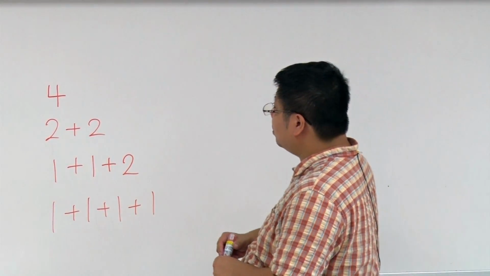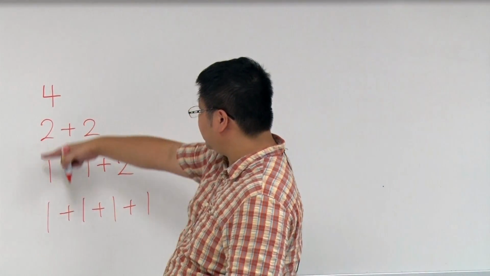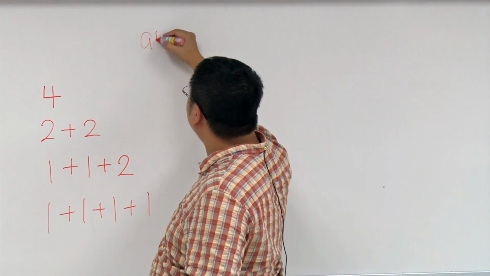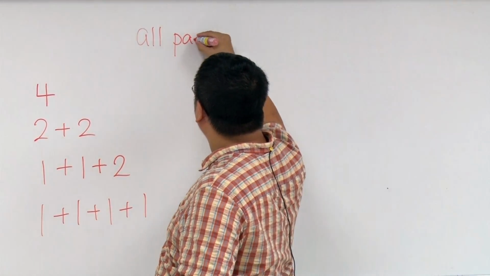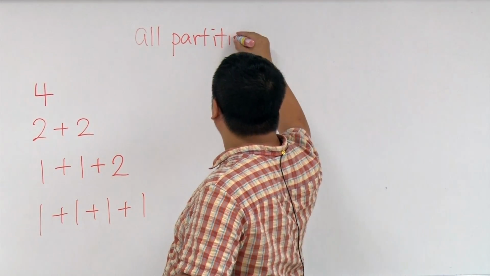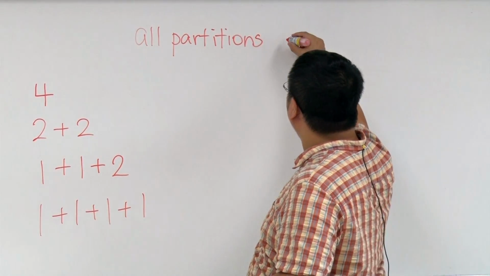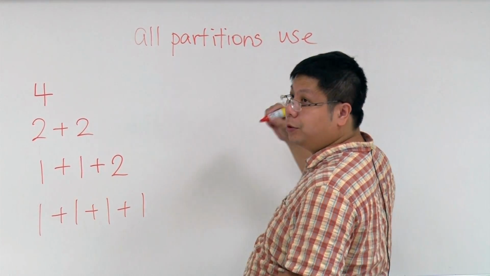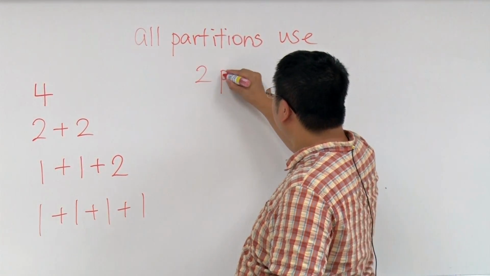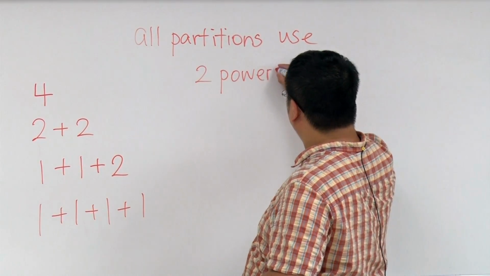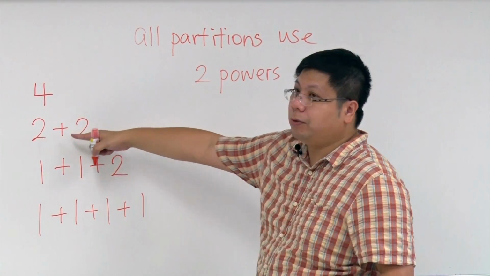Okay. So what's so special about this? All partitions here, all of them use what? Powers of 2 as the component.